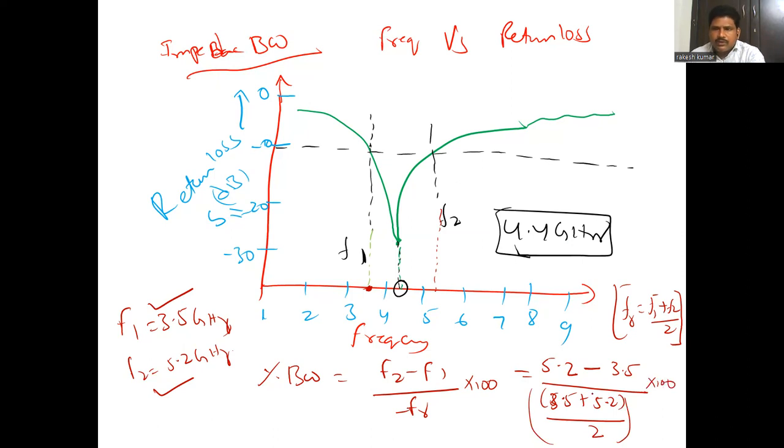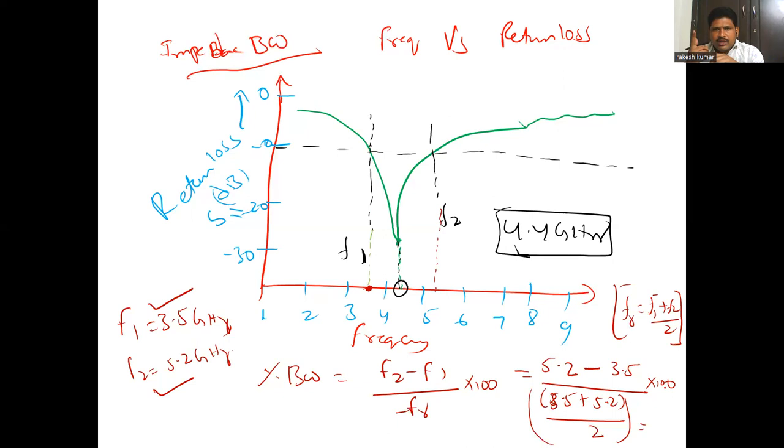Whatever value you get, maybe 10 or so, this is how we can calculate the impedance bandwidth. This is also present in the journals. This is another important parameter to keep in mind while we discuss the microstrip patch antenna.